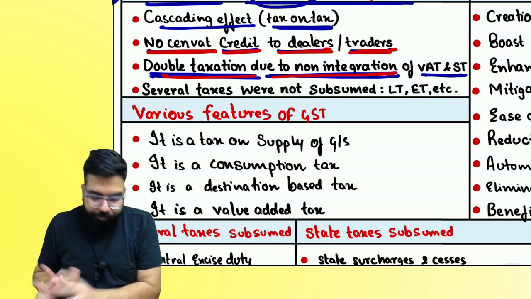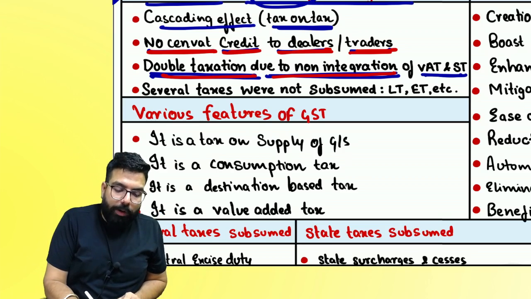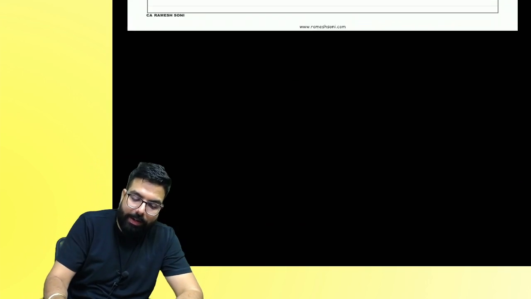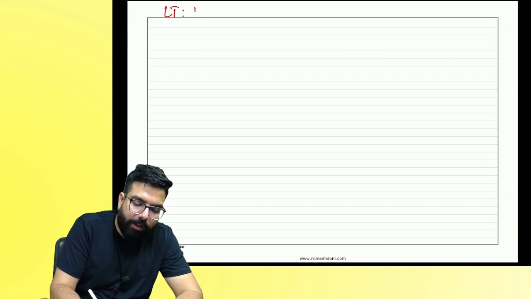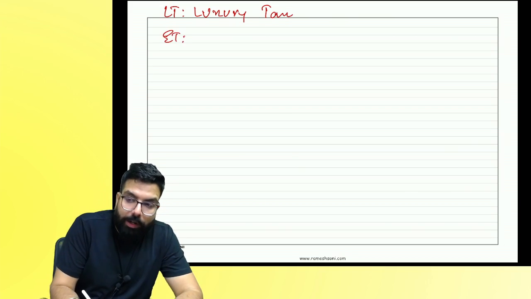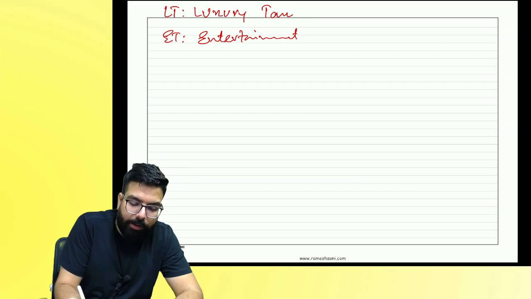Can I go ahead? Several taxes were not subsumed earlier. LT, ET. Sir, what is LT? LT means luxury tax. Earlier, there was luxury tax. ET is entertainment tax.